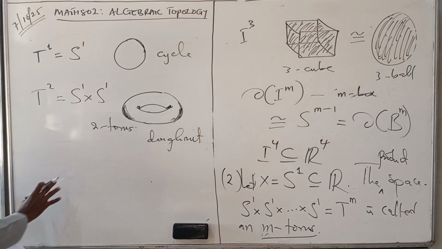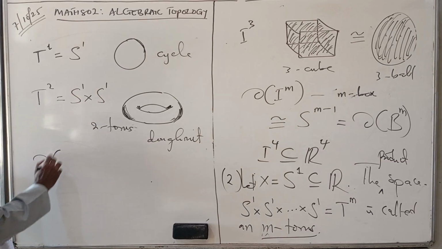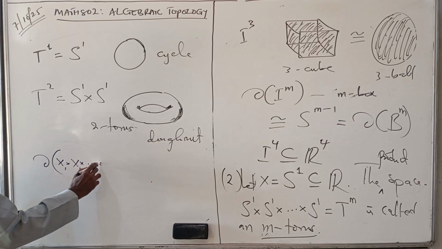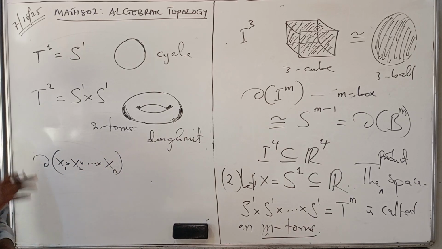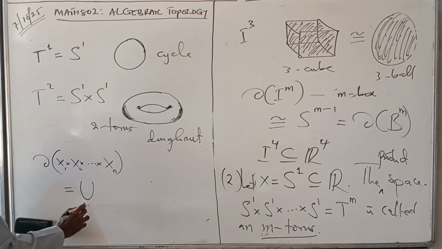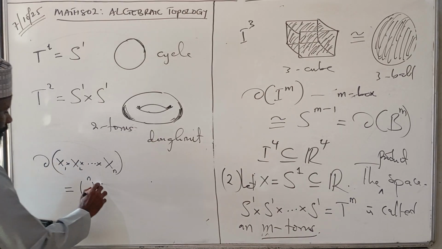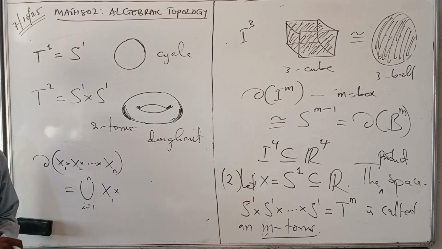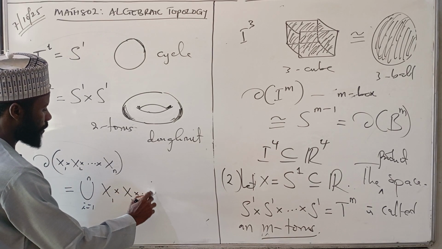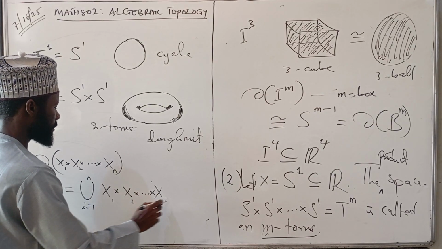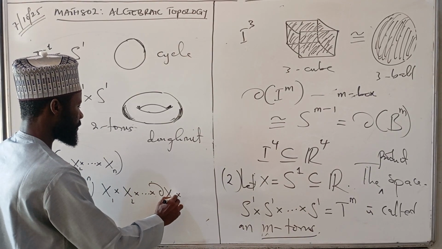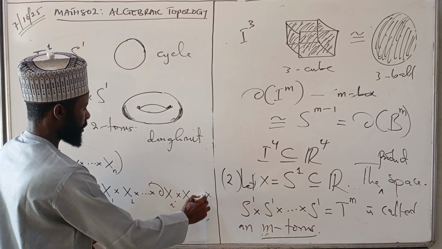But then the formula to get the boundary, if you have the space X1 cross X2 cross up to Xn: the boundary of the product space can be obtained as the union, from i equal to 1 to n, of X1 cross X2 up to the boundary of Xi cross Xi plus 1, and so on up to Xn.